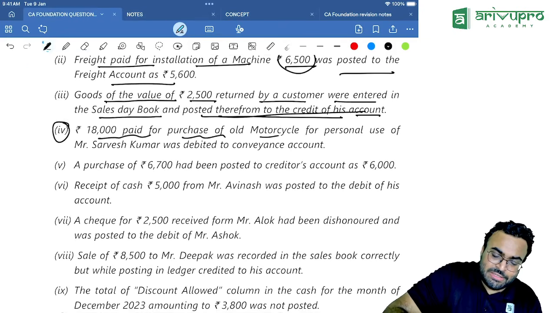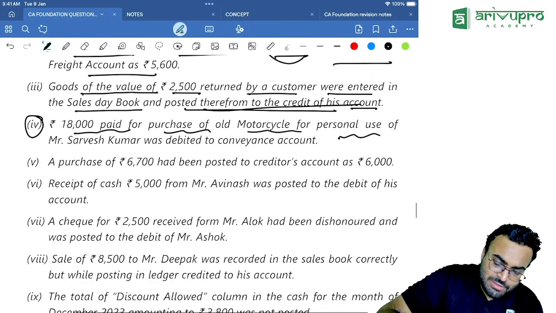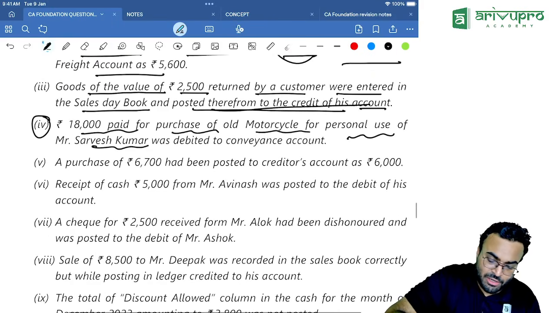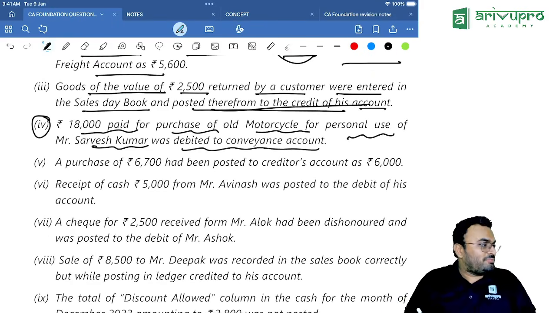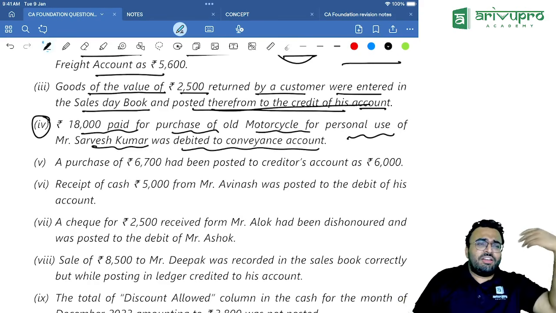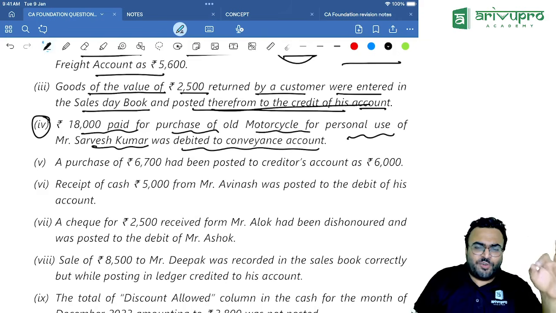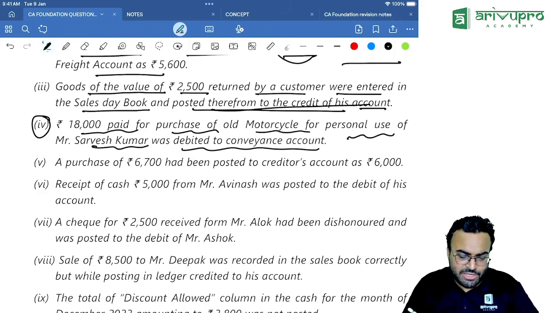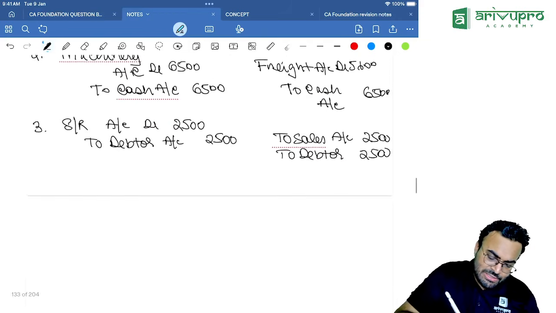18,000 paid for purchase of old motorcycle for personal use of Mr. Sarvesh Kumar was debited to conveyance account. Old, new, whatever it is, if it is purchased for personal use, it is going to be drawings only. So what is the correct entry?